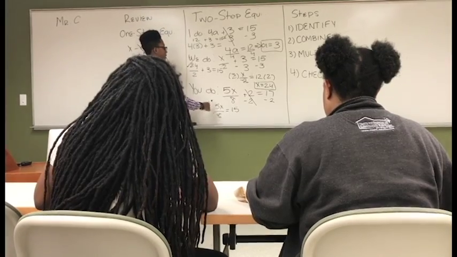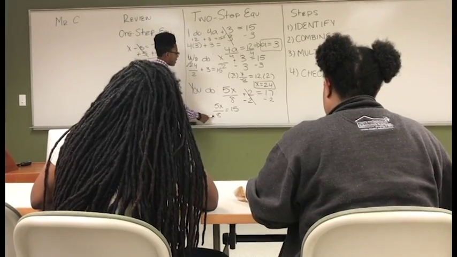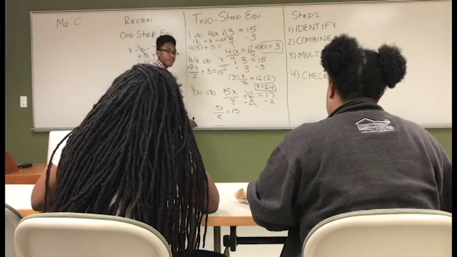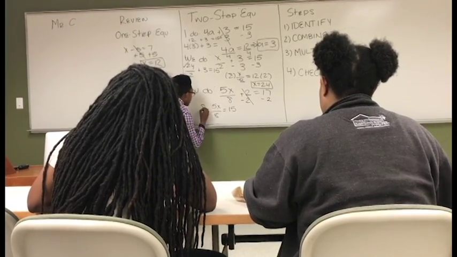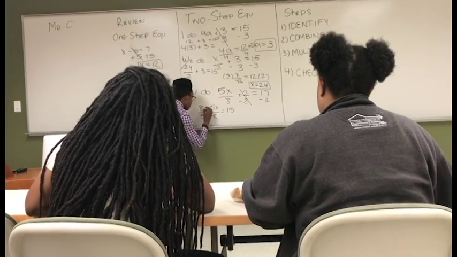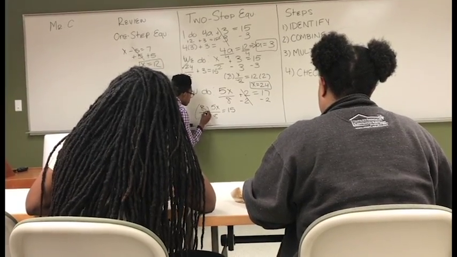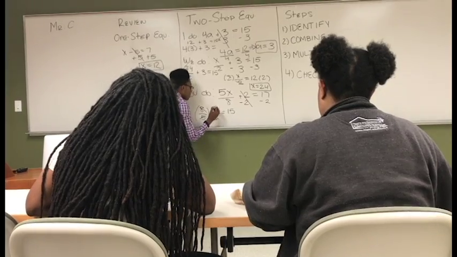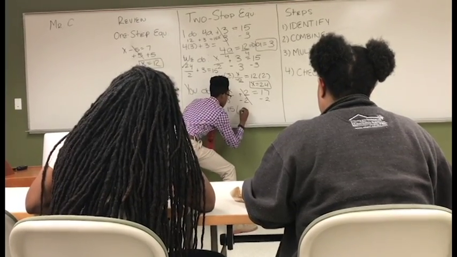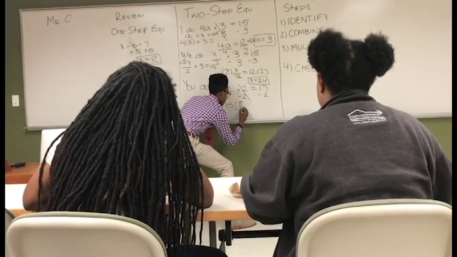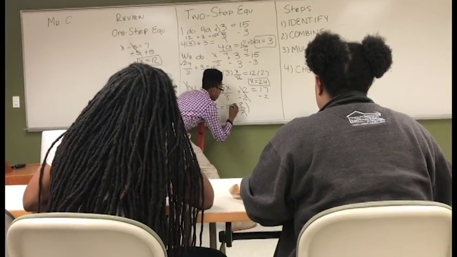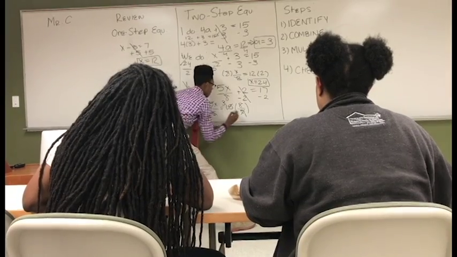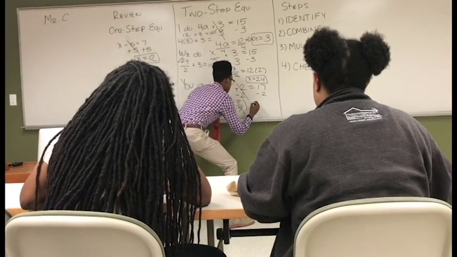So instead of multiplying by 5/8, you multiply by 8 over 5. So that cancels this out, and then we do it on that side. So this becomes a 1. This becomes 3. 3 times 8 equals 24.